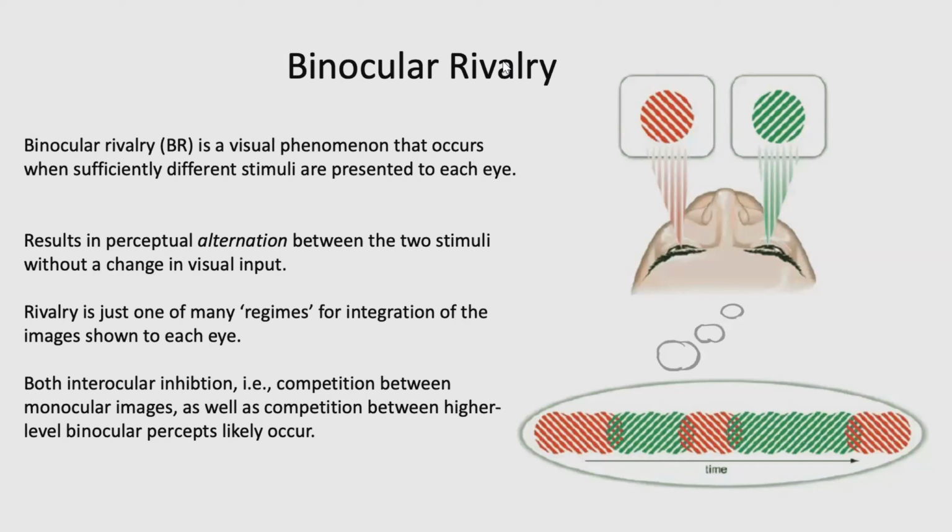I like to say that rivalry is just one of many computational regimes that the brain can use to integrate the images shown to two eyes. But in rivalry, we believe that both interocular inhibition, i.e. competition between monocular input, as well as competition between higher level binocular percepts, likely is occurring in most cases.